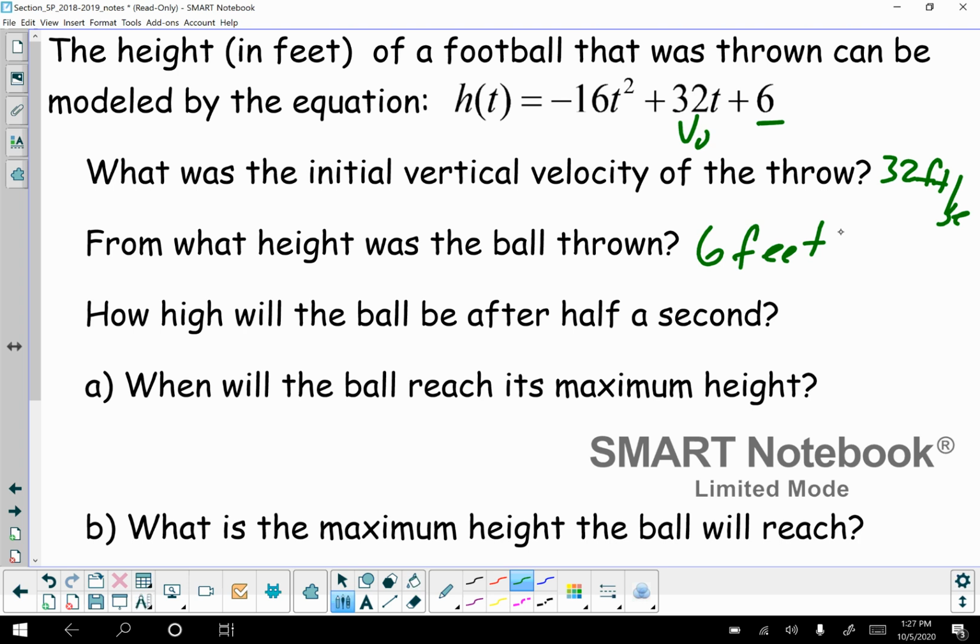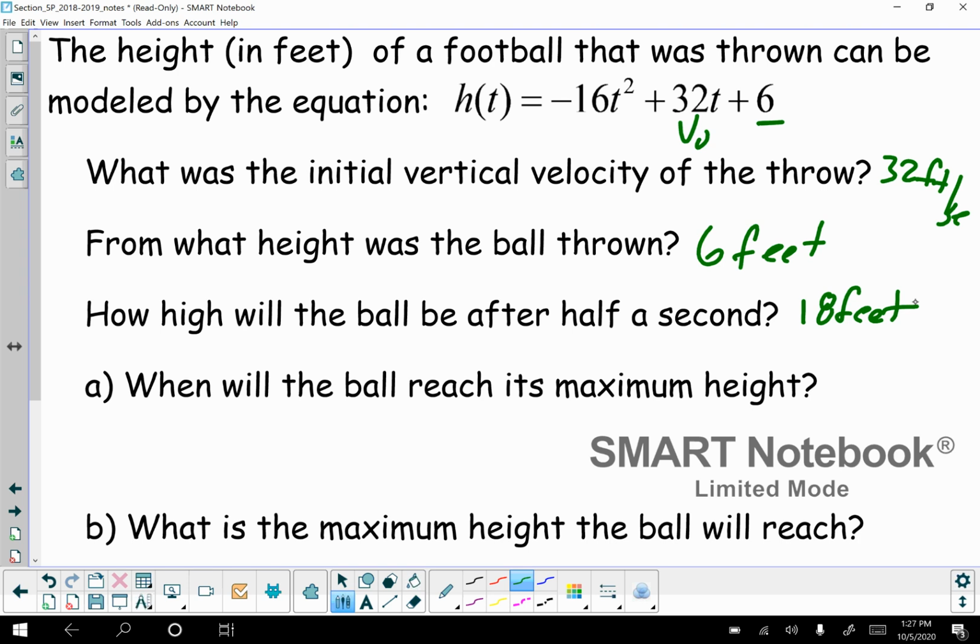How high will the ball be after half a second? On our equation, I'm going to go negative 16 times 0.5 squared plus 32 times 0.5 plus 6. So after half a second, the ball is 18 feet up in the air. So it went 12 feet higher than it had started with.